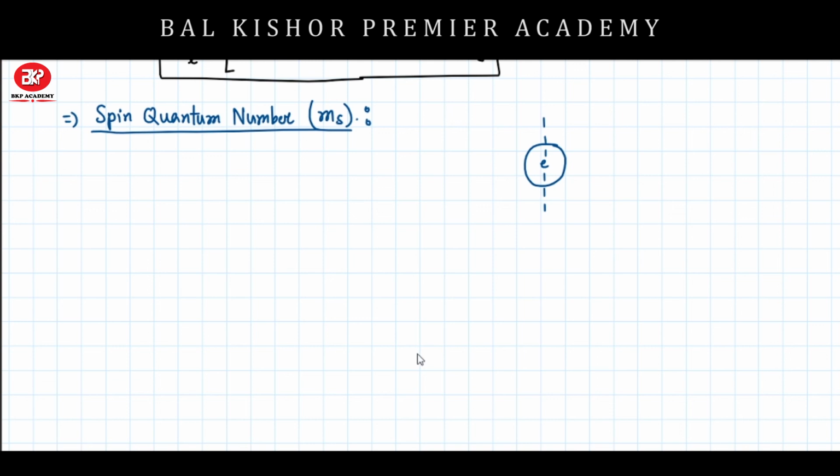So electrons can rotate in this direction or in the opposite direction. If an electron is rotating in the clockwise direction like this, then we say this electron has the spin quantum number +1/2.